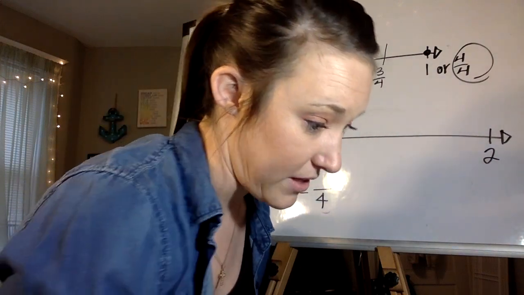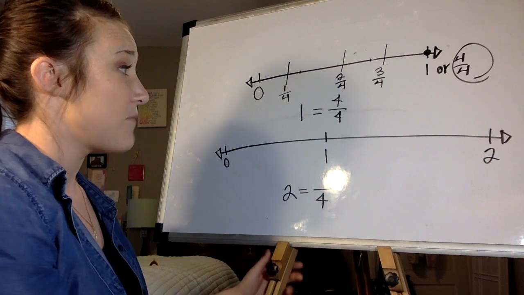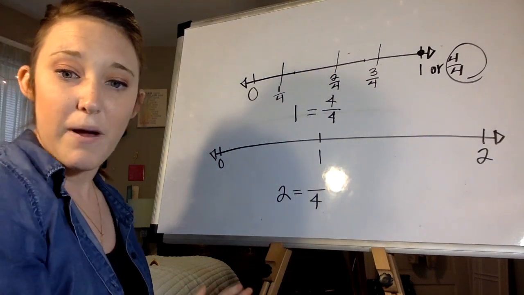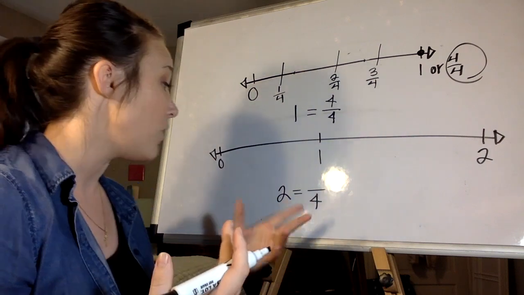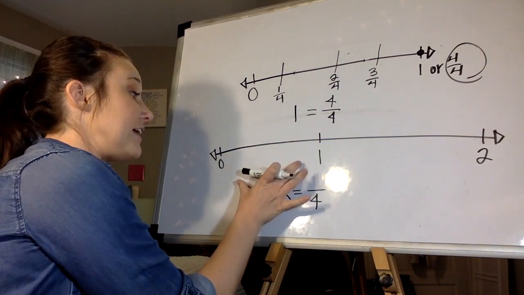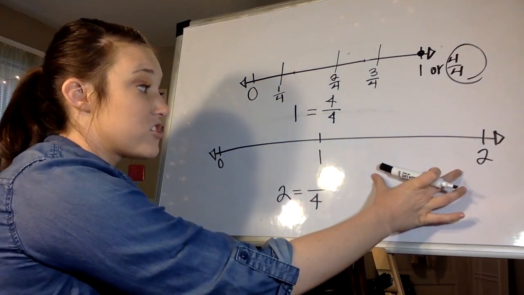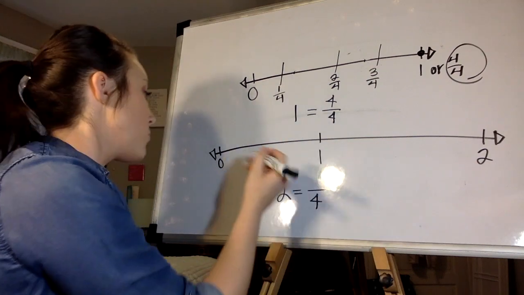And then we're going to do the same thing down here. If you remember, towards the end of chapter 10, we were talking about fractions that could be greater than 1. So I still know that I'm working with fourths. I'm going to divide each of these sections into 4 equal parts on both sides of the number 1.